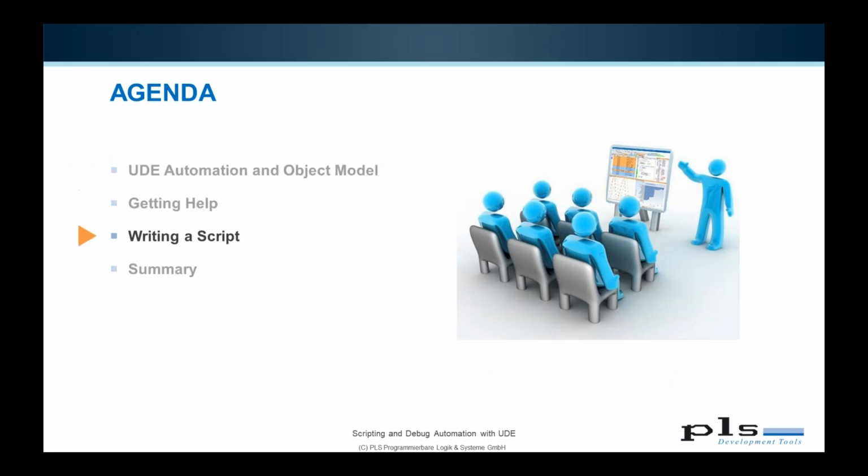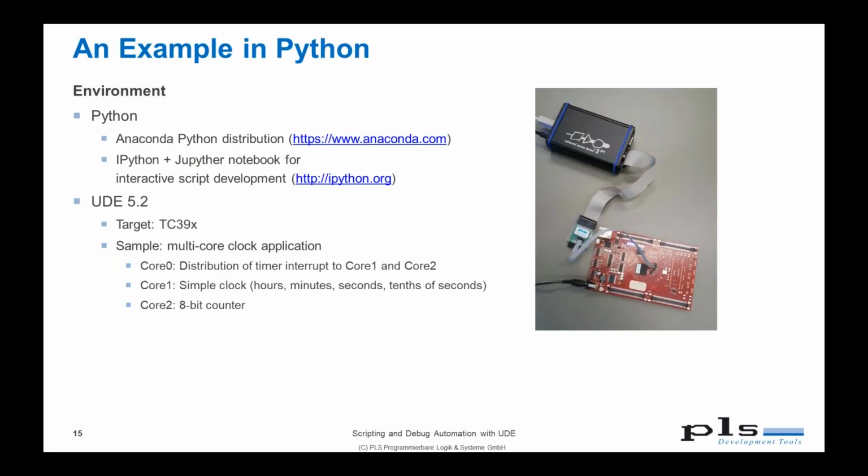Okay, then let's get started, and let's write a small script. And I'd like to show you the two different ways to access the UDE object and some other things. So for this demonstration, I'd like to use Python.